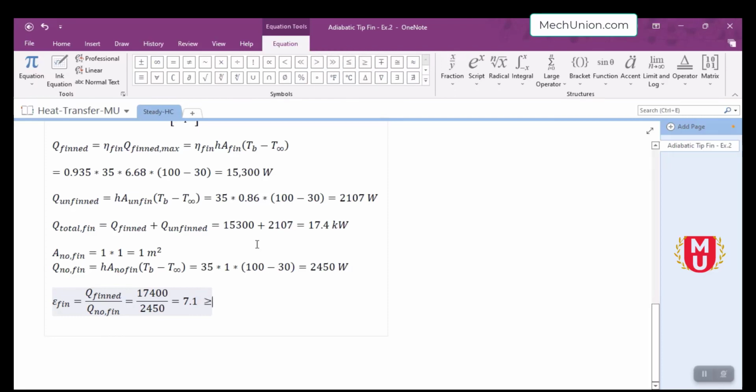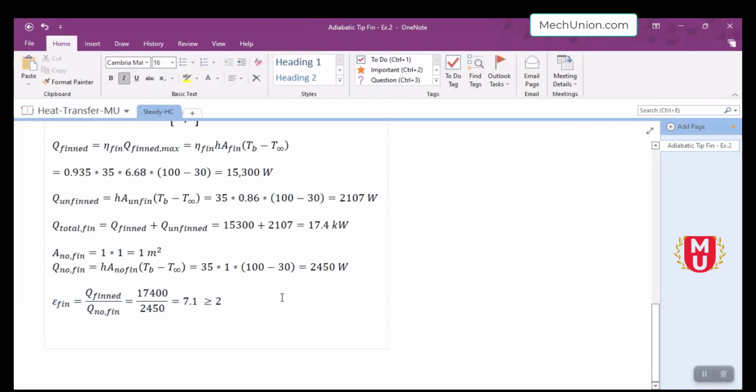That was our limit, and the fins are effective in this problem.